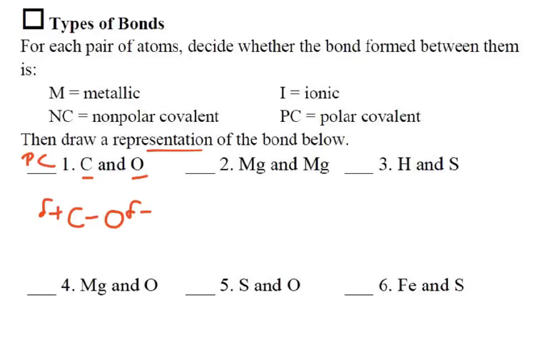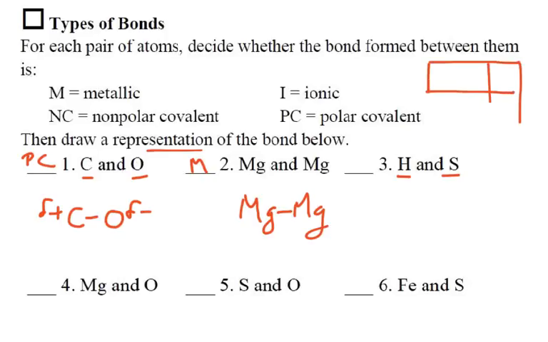When we have magnesium and magnesium, those are two metals, so it's going to be metallic, and we just have to say magnesium, magnesium. If we have H and S, okay, these are both nonmetals. H is a weak nonmetal, S is a weak nonmetal. Remember, the strong nonmetals, only these four that we have to worry about, are N, O, F, and Cl.